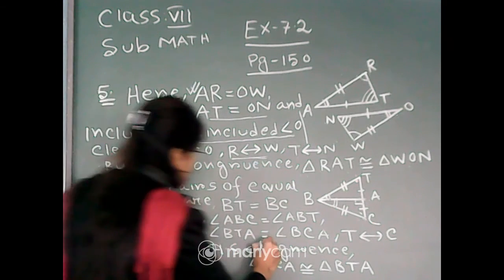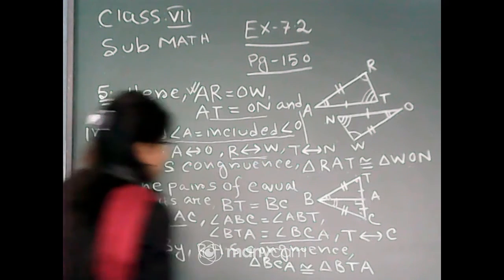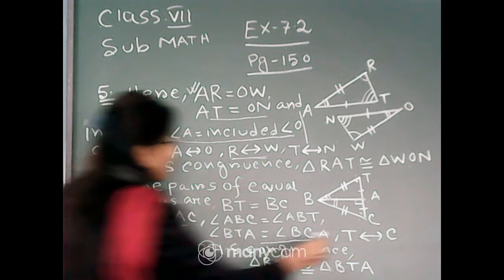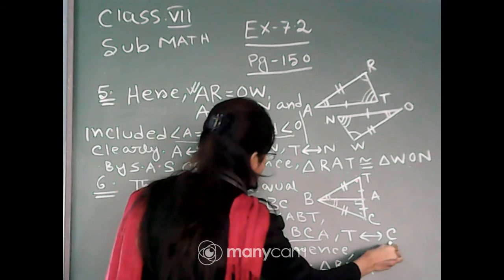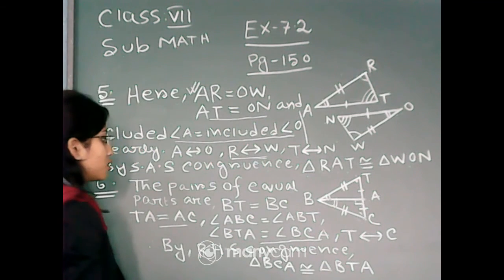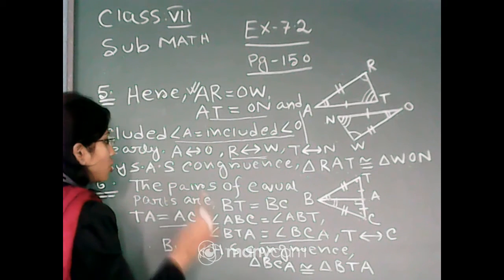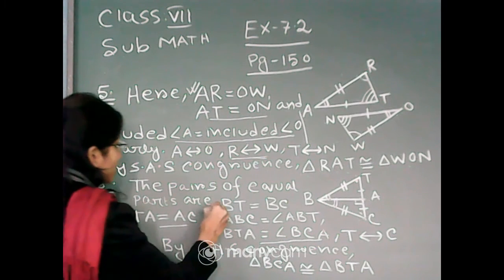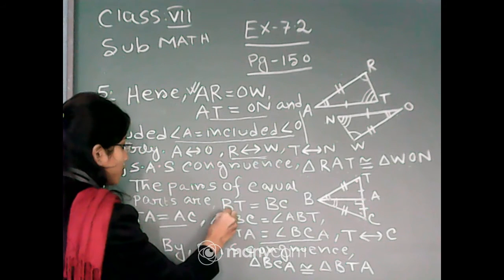From these we clearly say that T corresponds to C. If T corresponds to C, from this we can say that B corresponds to B and A corresponds to A.